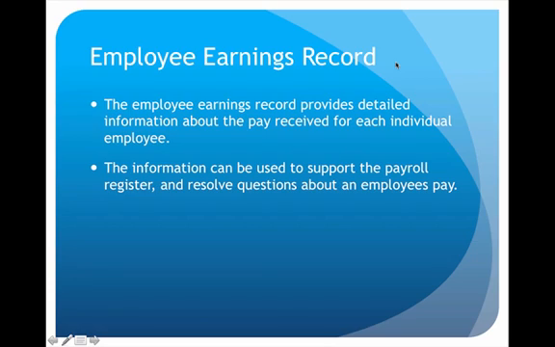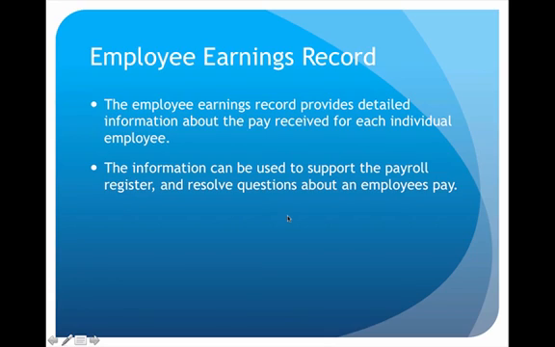We also maintain on each individual employee an employee earnings record. And this is a year-to-date running total of all the money that has been earned by every employee. And again, it will include the gross pay, the deductions, and the net pay. The great thing about this is not only can this information be used to complete journal entries and do paperwork, but it also resolves questions.